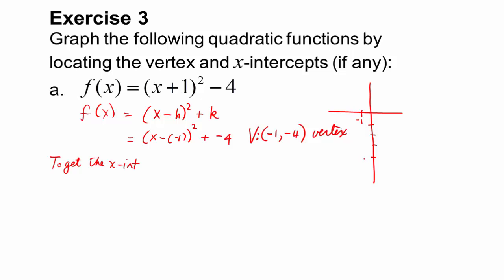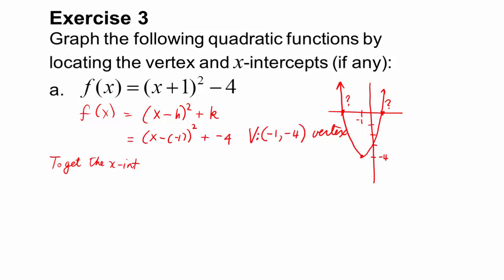But we know that because A here is understood to be 1, that means it opens upward. So if it opens upward, eventually this graph is going to cross the x-axis. Those are your x-intercepts. And what are those? That's the question. What are the coordinates of these 2 points where it crosses the x-axis?